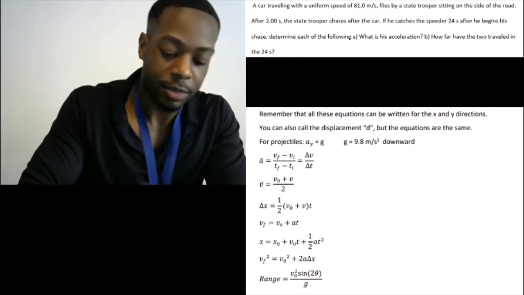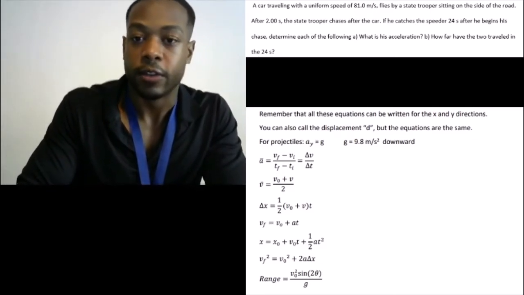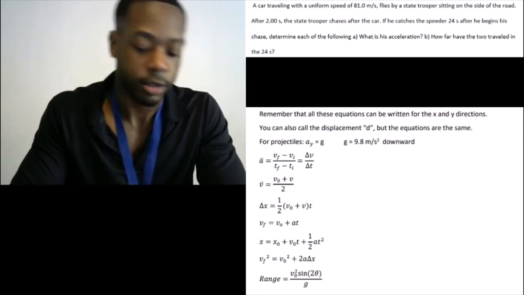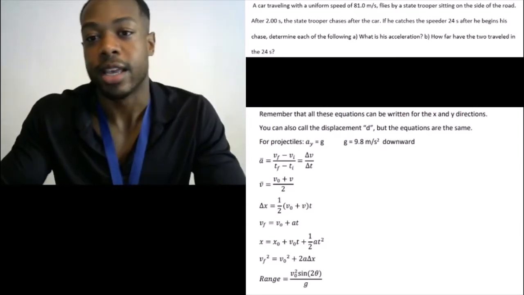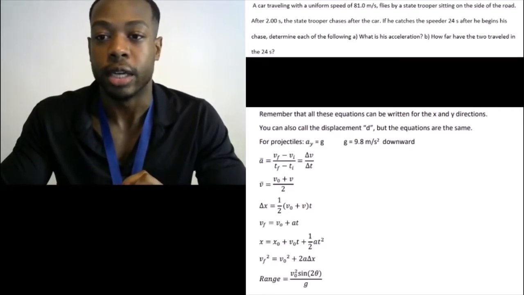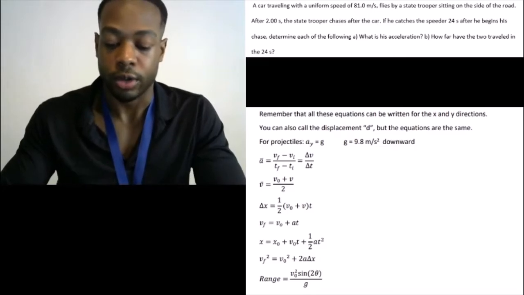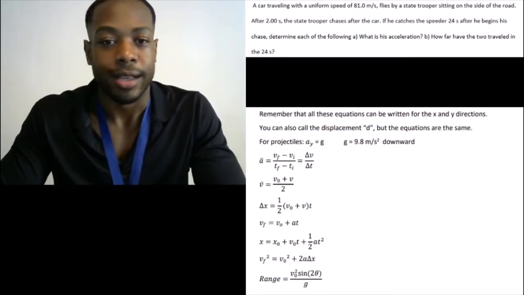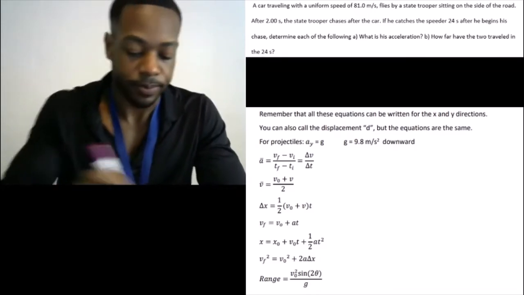Speed or velocity is going to be the 81 meters per second for the car, and he's got a constant, uniform velocity. He flies by a state trooper. The state trooper is sitting on the side of the road, so I guess we could say his initial velocity is 0, right?